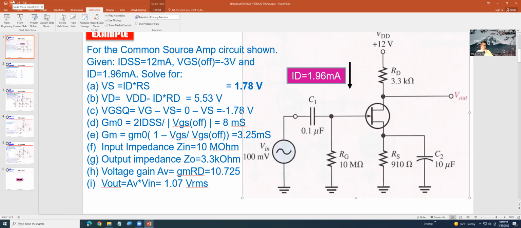So you take a gain 10.7 times 100 millivolt.